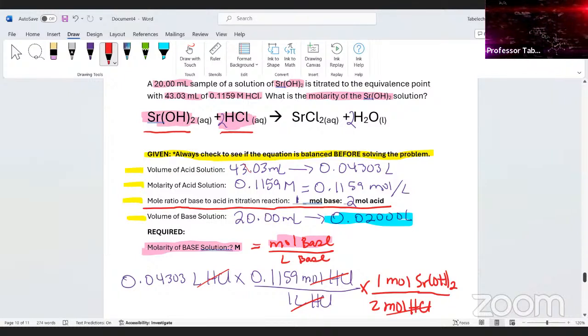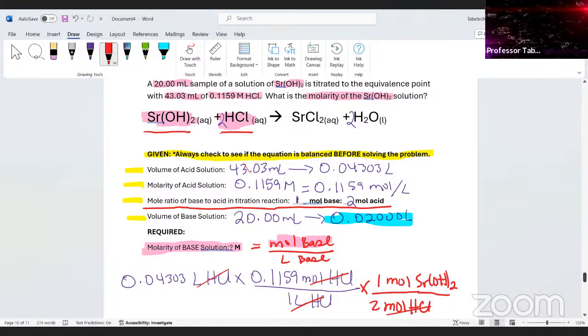Because this is a neutralization reaction. No, Keandra, I haven't done heat exchange yet. Whenever you do titration problems of this nature, remember, it's always an acid plus a base reacting to each other. So you're going to end up with a salt and water on the other side, depending on how it's stated.